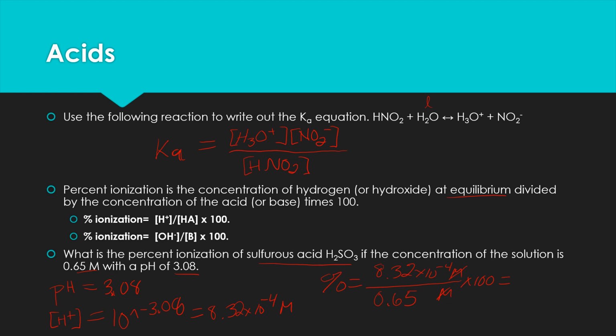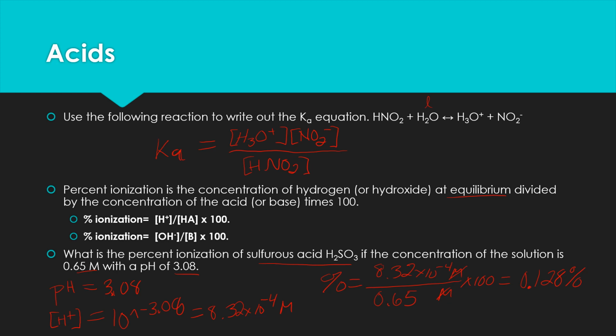There we go. So that gives me a pretty small percentage, 0.128%. And yes, I did multiply it by the 100 already. So only about 0.13% of this ionized. That is a very, very tiny amount of the overall solution that actually broke into its ions.